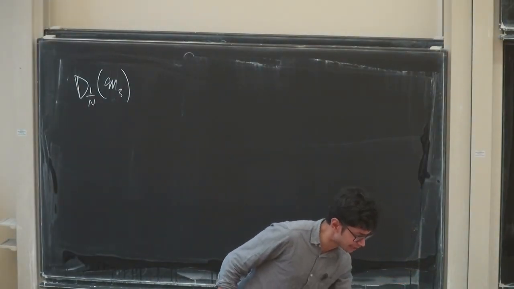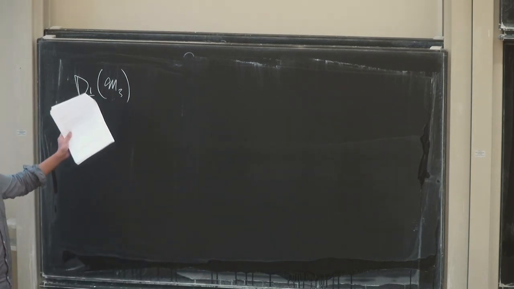All right, so just to stress what just happened, I have created a topological defect, D_{1/n}, which lives on 3-manifolds. It's labeled by an integer n, and it generates an axial rotation by an angle 1 over n.